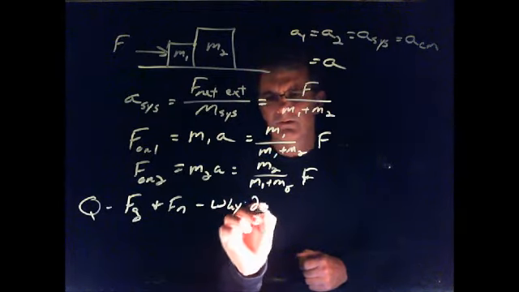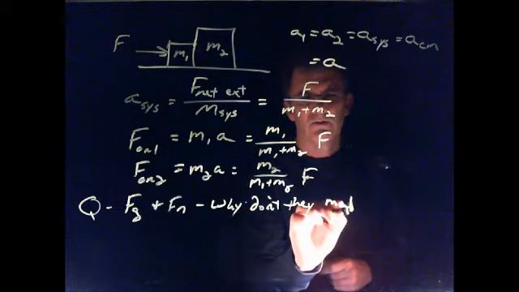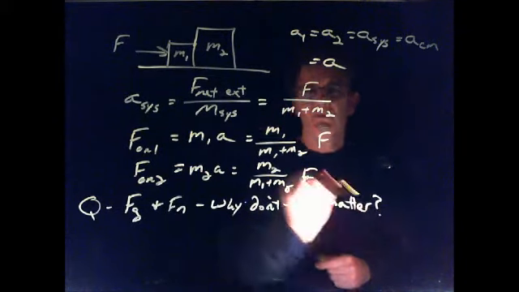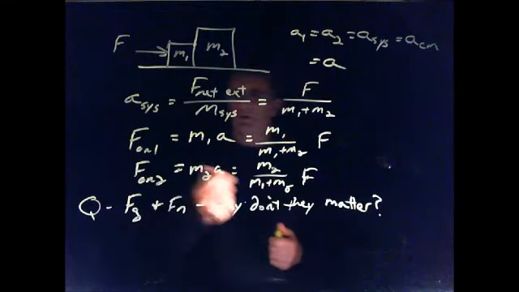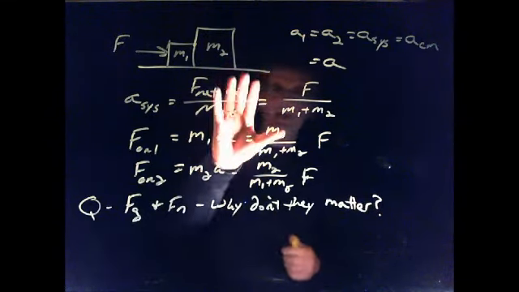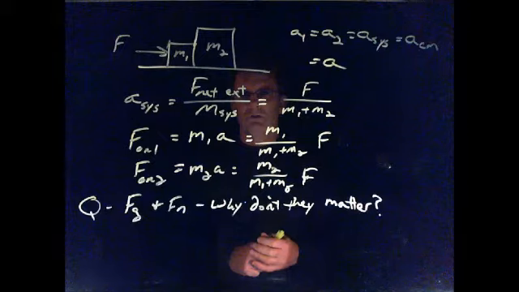Why don't they matter? In other words, if the acceleration is due only to the external forces, and gravity and normal force are external, I don't have those factored into my acceleration term. And the question is why?